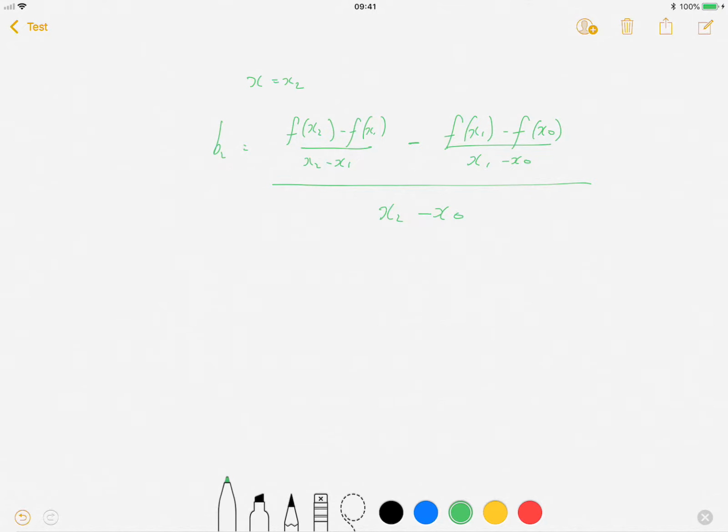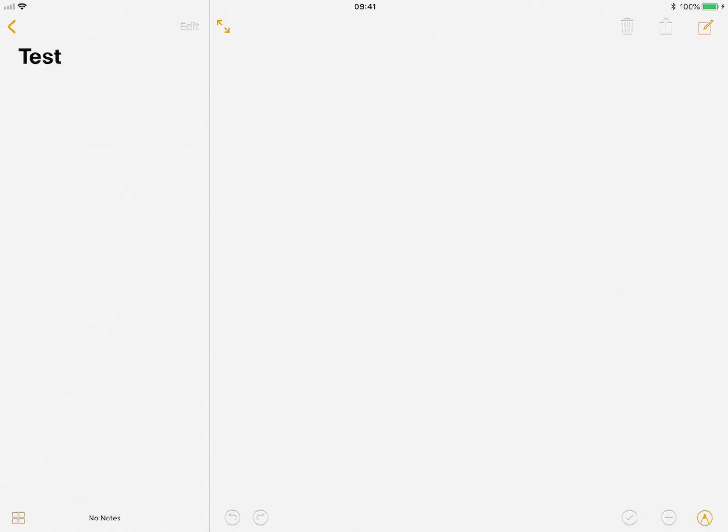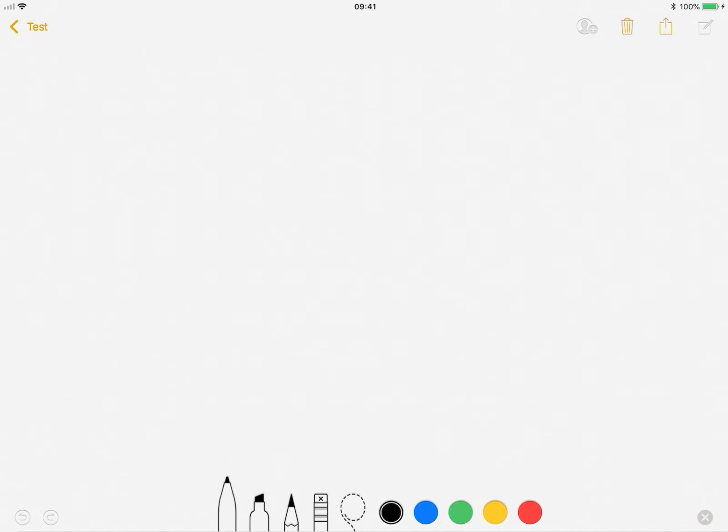And so from looking at the first and second order versions, we can start to now look at the general form of our equation.